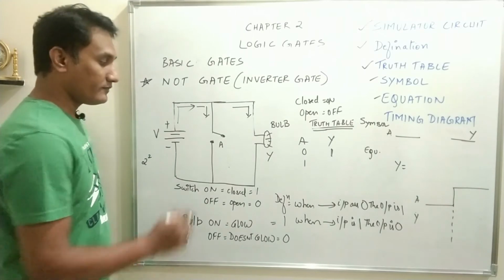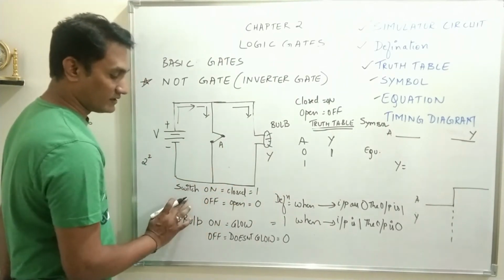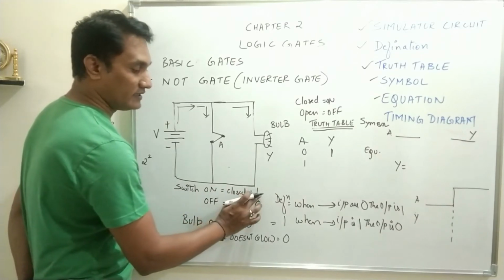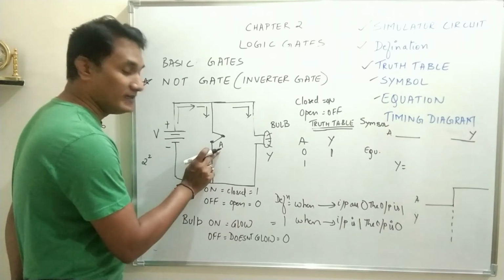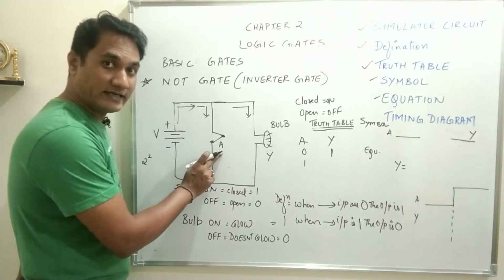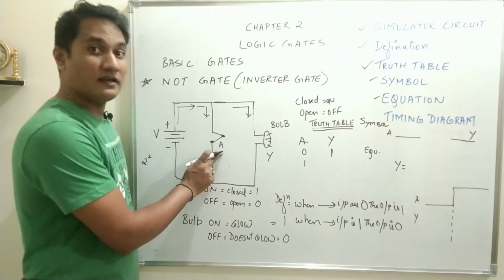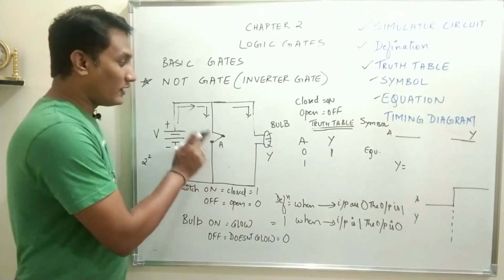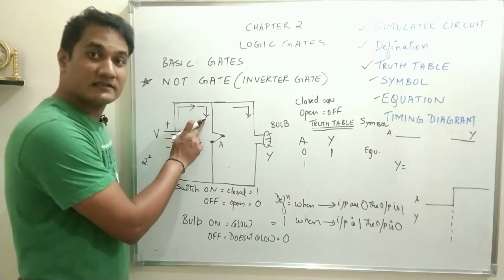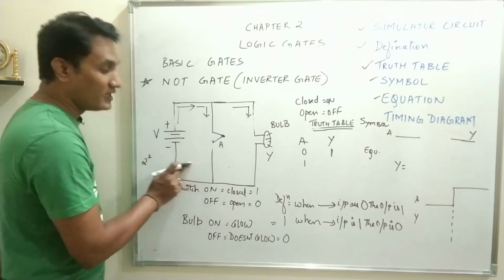And when A is 1, that means the switch is on, it is in closed condition. So when it is closed, suddenly the switch provides a short circuit, a path in an electronic circuit where the resistance is 0. Of course current always takes the least resistance path. So all the current now will flow through the switch to ground.